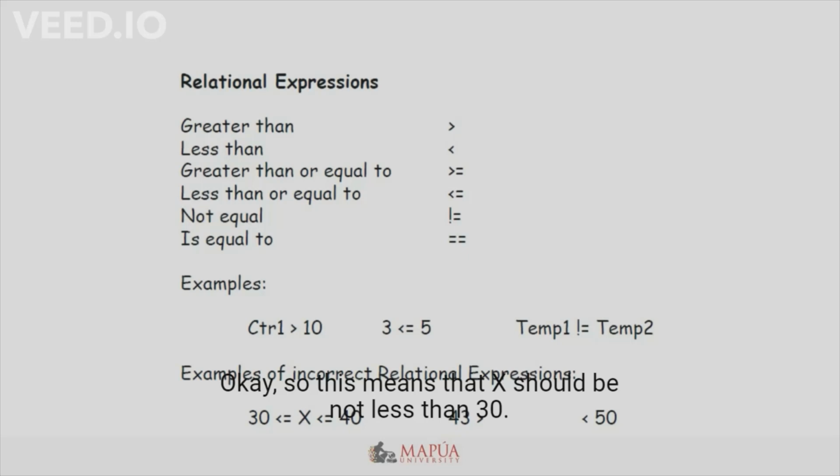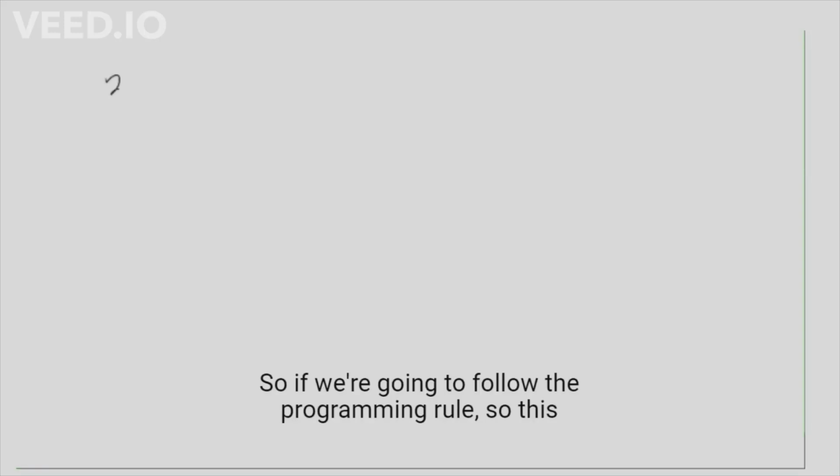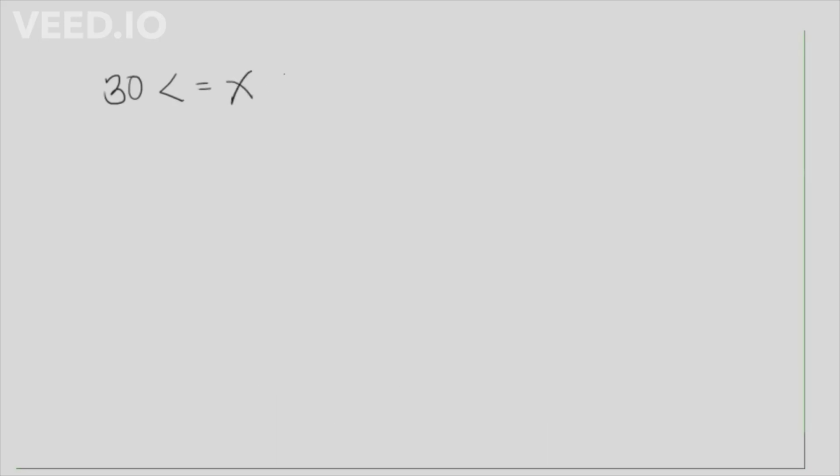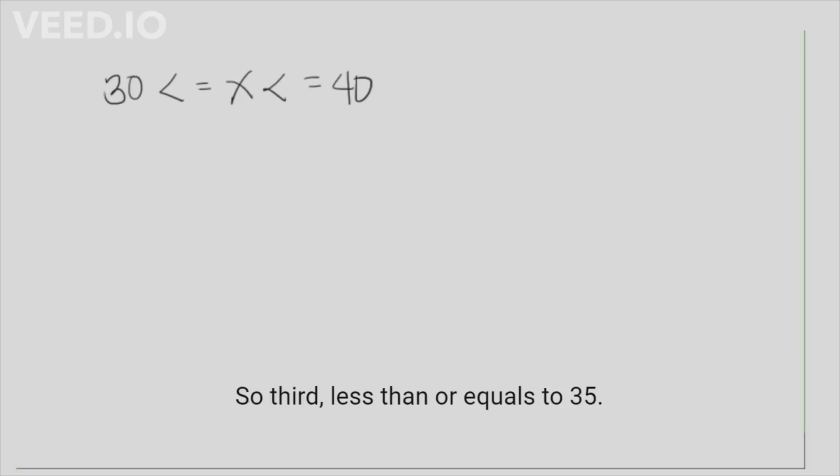So this means that x should be not less than 30, and x should be not greater than 40. If we follow the programming rule, so this will happen: 30 less than or equal to 35 less than or equal to 40.